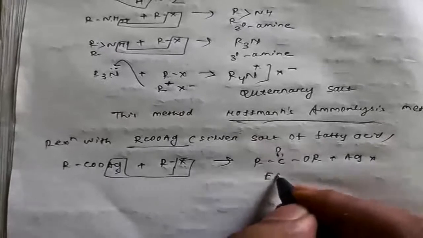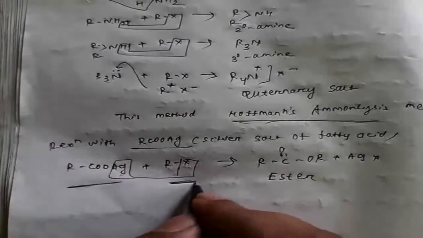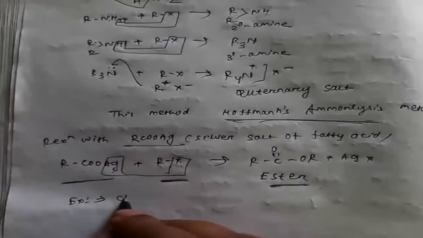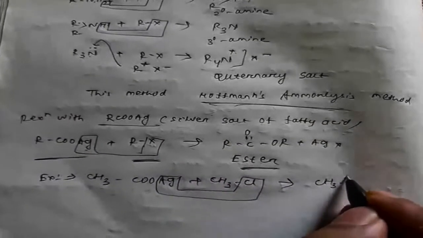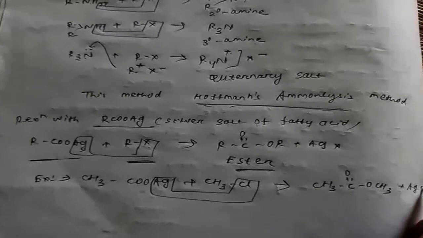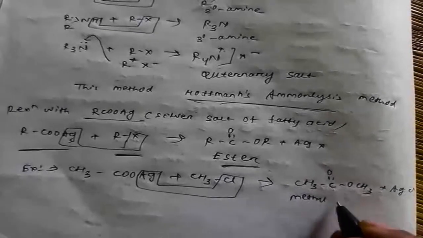This is the formation of ester. Silver salt of fatty acid reacts with alkyl halide to give ester. Similar example: CH3COOAg plus CH3Cl, Ag positive and Cl negative give AgCl, and CH3COOCH3 plus AgCl, that is the ester, methyl acetate.